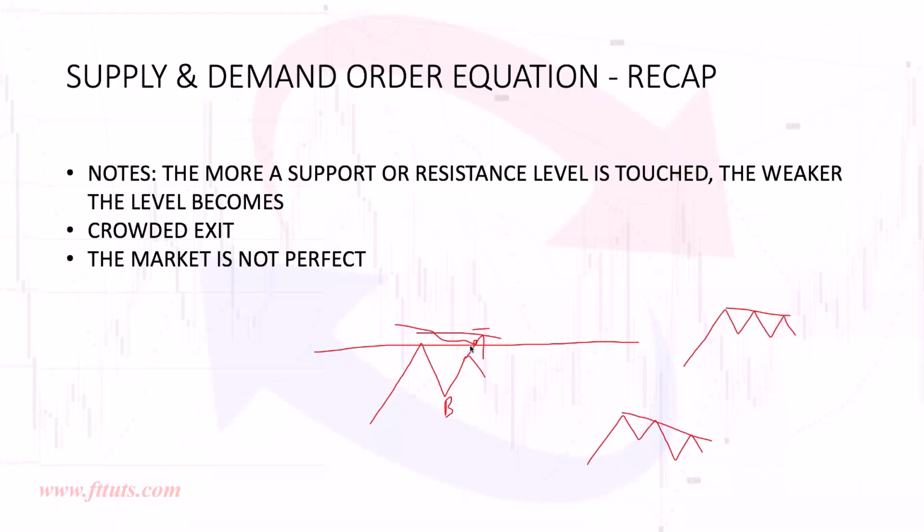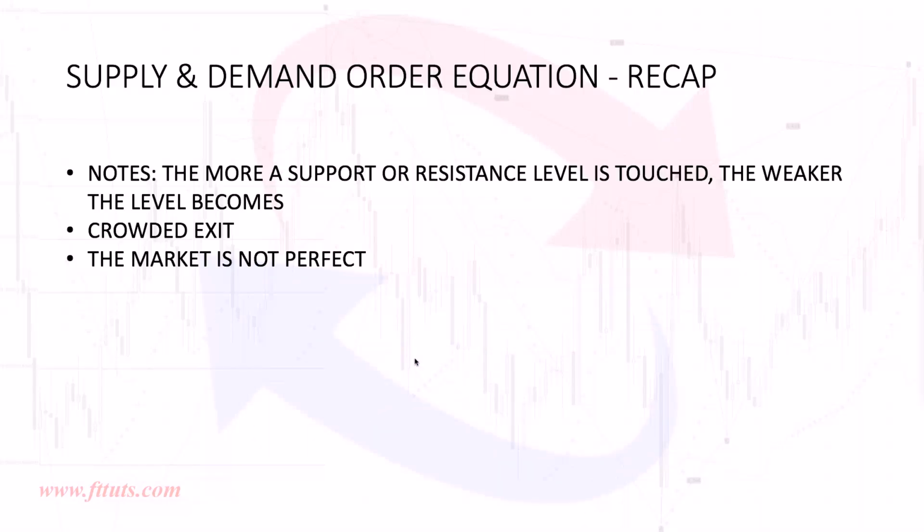And the market isn't perfect, right? The market isn't perfect, as we've seen from many examples where you might get a level of supply, and then you might get a moving average, let's say, and then you might get a level of potential previous support turned resistance.